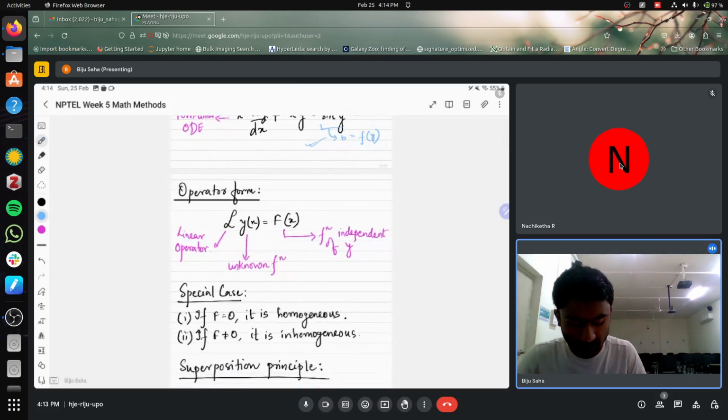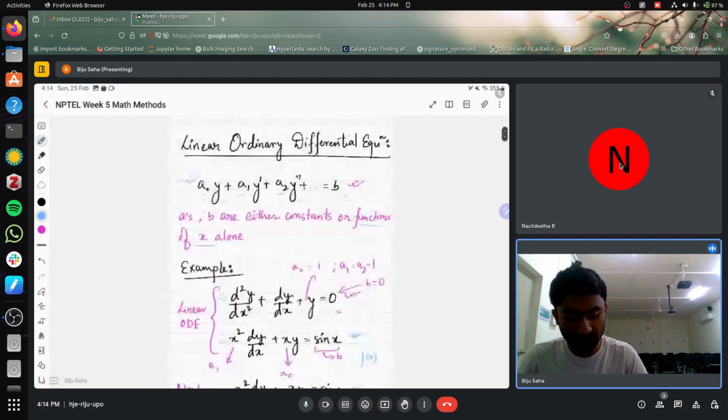The form of the linear differential equation can also be written in terms of an operator. So far we know what an operator is. The operator acts on an unknown function and gives out a function. So the linear operator L acts on the function y of x, and it gives a function f of x. If the function it gives is independent of y, that would conclude that my operator L is a linear differential operator.